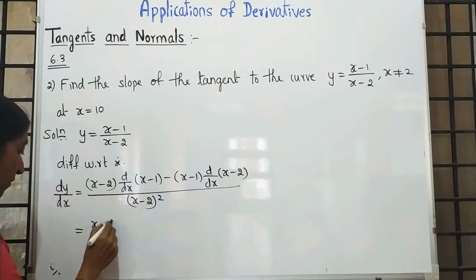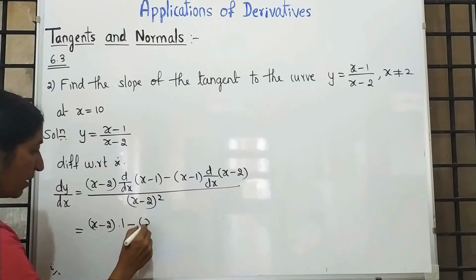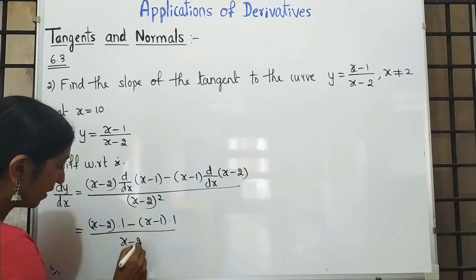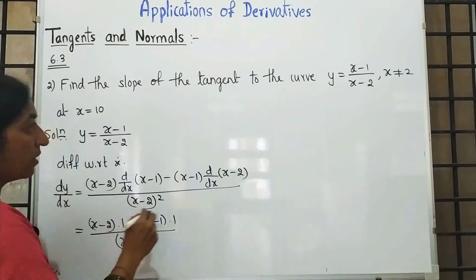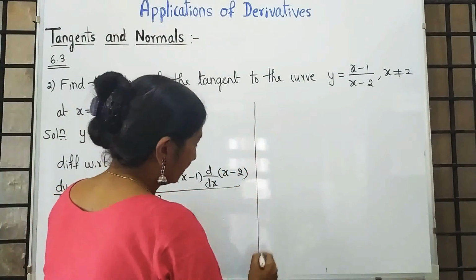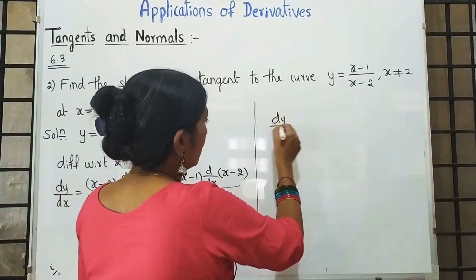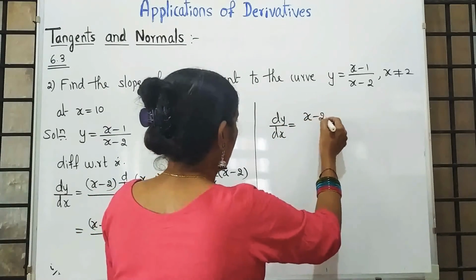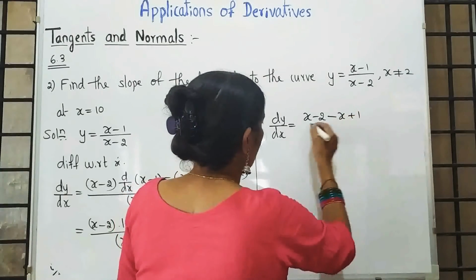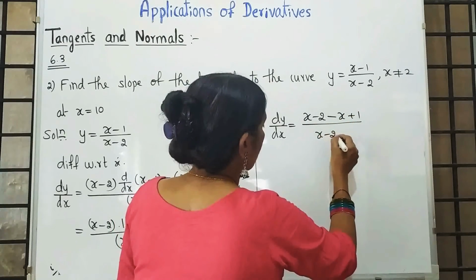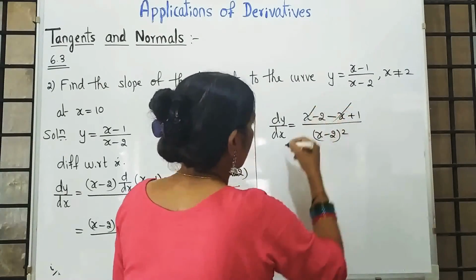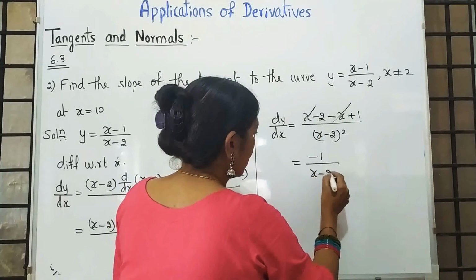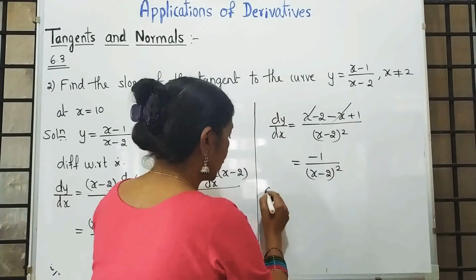It is x minus 2 into 1 minus x minus 1 into 1 divided by x minus 2 whole square. Now simplify this. dy upon dx is equal to x minus 2 minus x plus 1 divided by x minus 2 whole square. Minus x plus x gets cancelled. Minus 2 plus 1 is minus 1 divided by x minus 2 whole square.